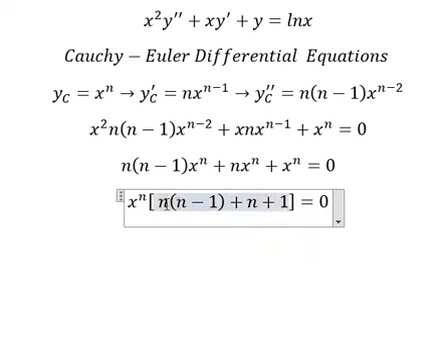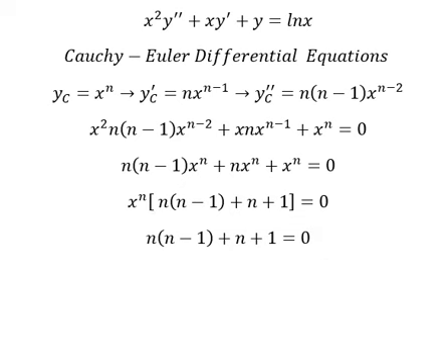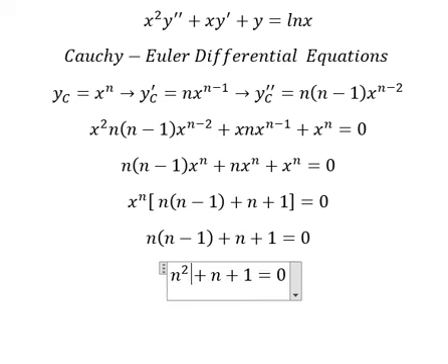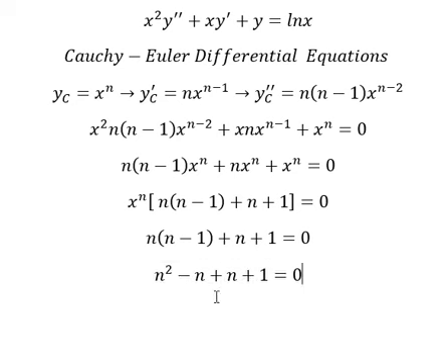And now we need to find the solution of this one. So this one is n squared minus n. So this one we simplify. I will put 1 to the right.